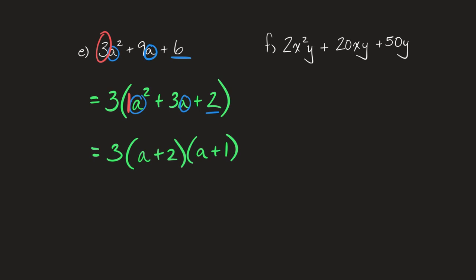Okay, we're back. So I notice that I do have a 2 in every single term, and I notice that I've got a y in every single term. So I can pull out that common factor, and when I do, I'm left with an x squared, a 10x, and a positive 25.